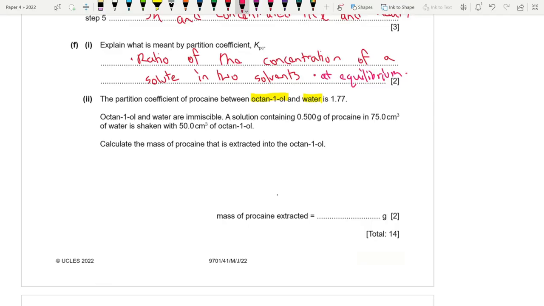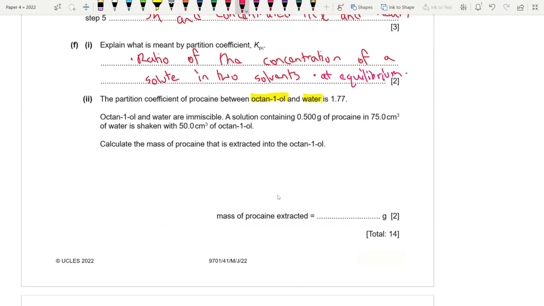A solution containing 0.5 grams of procaine in 75 cm cube of water is shaken with 50 cm cube of octane 1-ol. Okay, so initially the procaine was in water. Now it's shaken with octane 1-ol. So some procaine will enter octane 1-ol from the water.